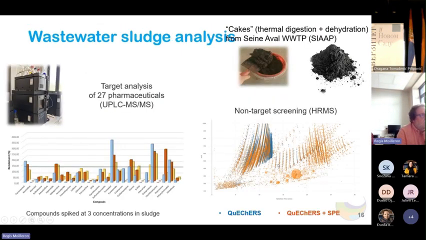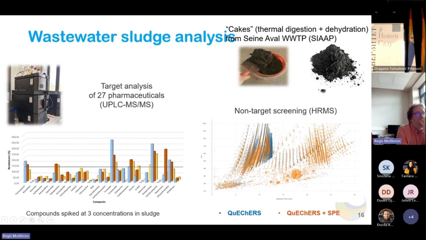We have applied this method to sludge from wastewater treatment plants in collaboration with SIAAP, who started this wastewater observatory in Paris, and we analyzed this sludge which has been obtained after dehydration and thermal digestion.